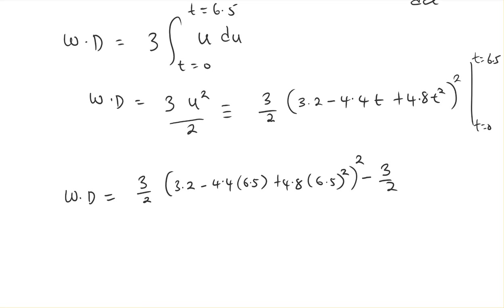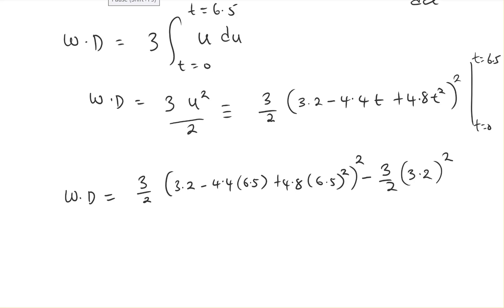We have 3 over 2 here, bracket put 0, 4.4 times 0 is 0, 4.8 times 0 squared is 0, so we're left with just 3.2, again squared.